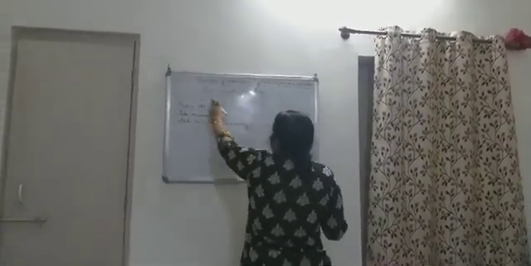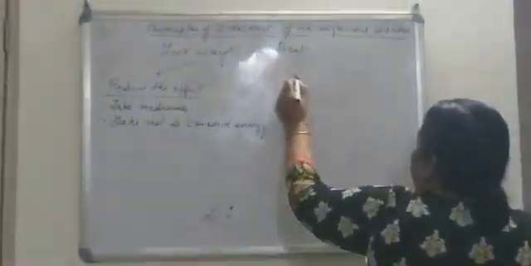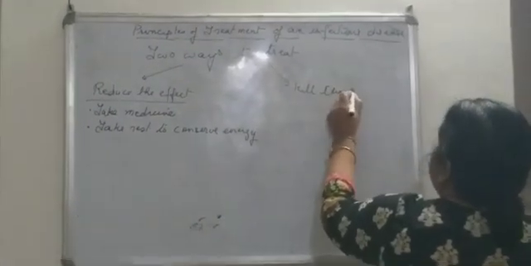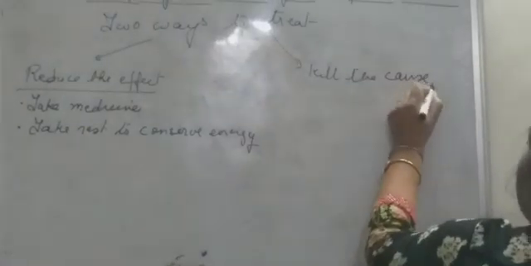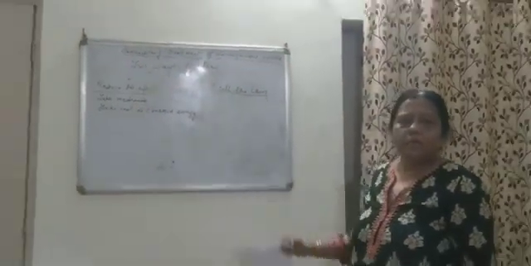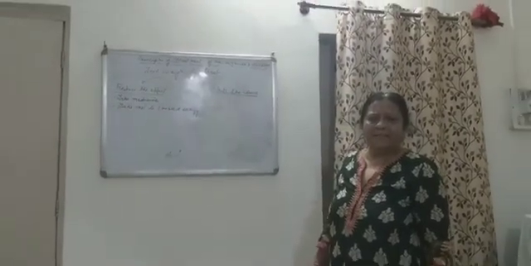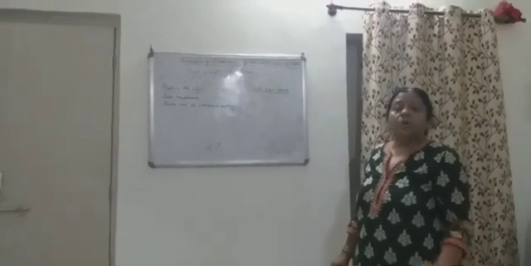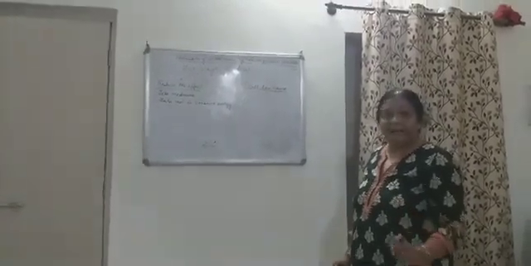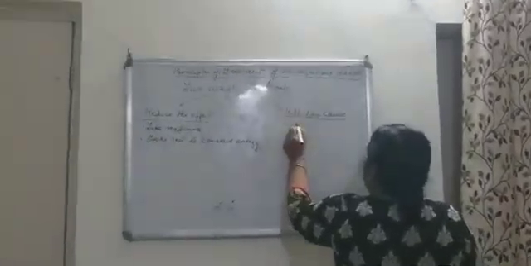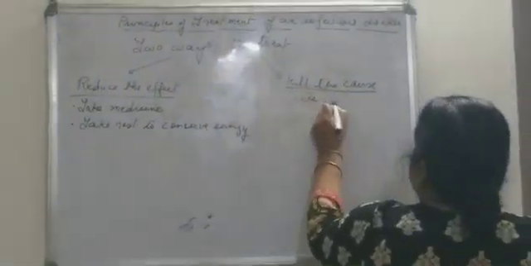So the two ways are, number one, to reduce the effect, and second, to kill the cause of the disease. How can you kill the cause of this disease? If you know which type of microorganism has entered, if it is a bacterial infection, you can take proper antibiotics against it.